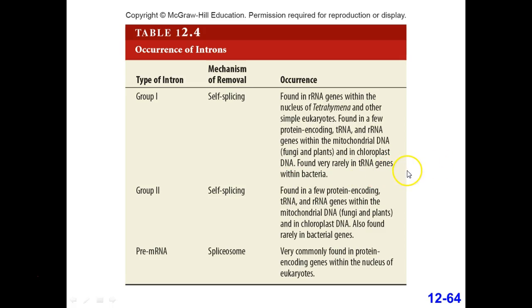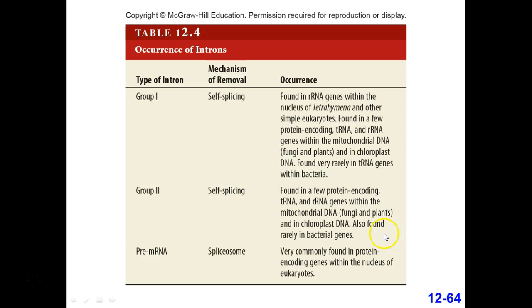Rarely is that found for the transfer RNAs in bacteria. So the group 2, this is done for transfer RNAs where it's self-splicing using the group 2 mechanism. And ribosomal RNAs within the mitochondria for both fungi and plants and in the chloroplasts.